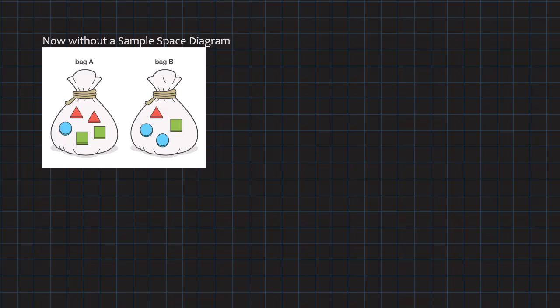We're going to take 1 from each bag, and the question is, what's the probability of 2 blue circles? So I can take 1 from this bag, 1 from this bag. I can't double dip into one bag. I have to take from bag A and bag B. So probability of 2 circles from bag A and B.